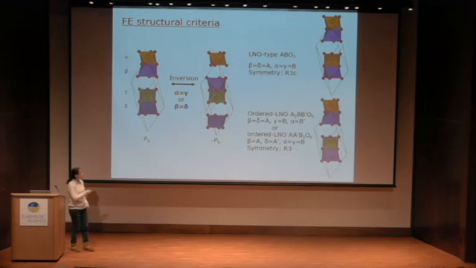So here what we learn is, under this assumption, if those two are related by inversion symmetry, then only this LNO type and this ordered LNO type can possibly be ferroelectric, and we will study these two kinds of structures.